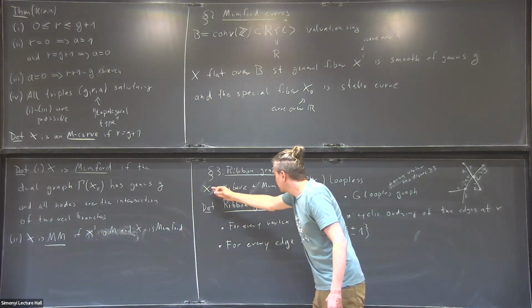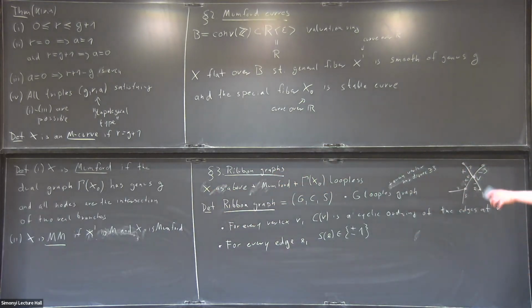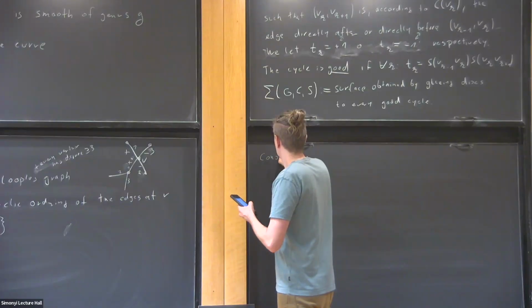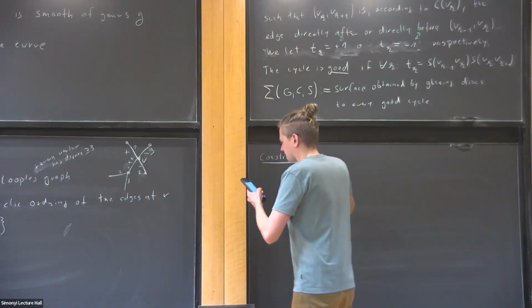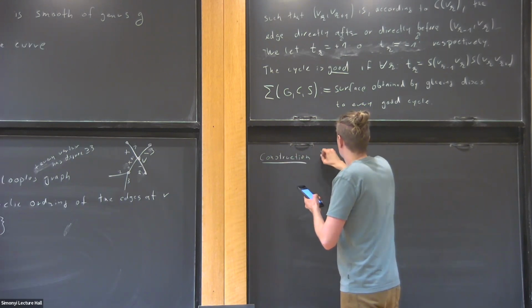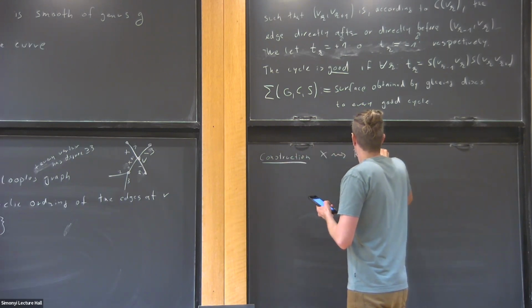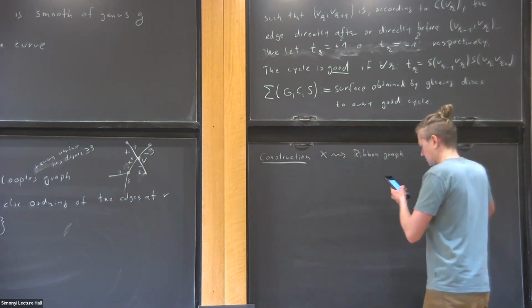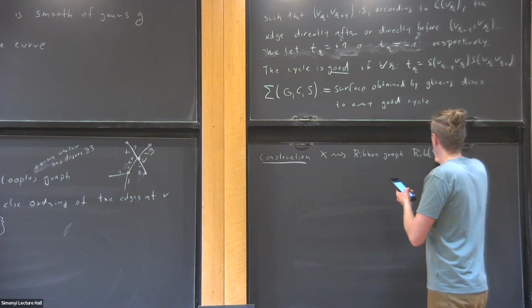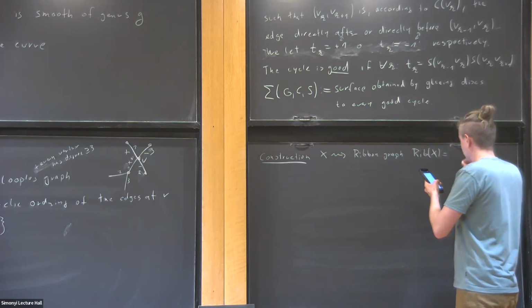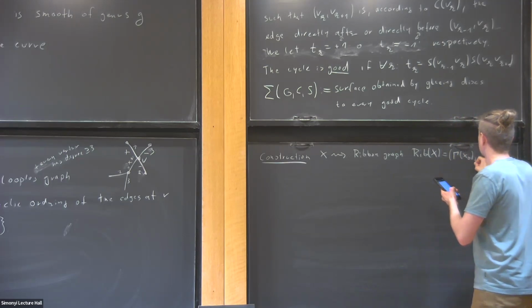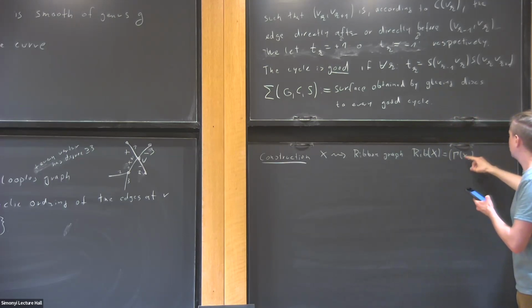And okay, the other construction is for X, a family of real curves, where you want to get a ribbon graph whose underlying graph is the graph we have already looked at.